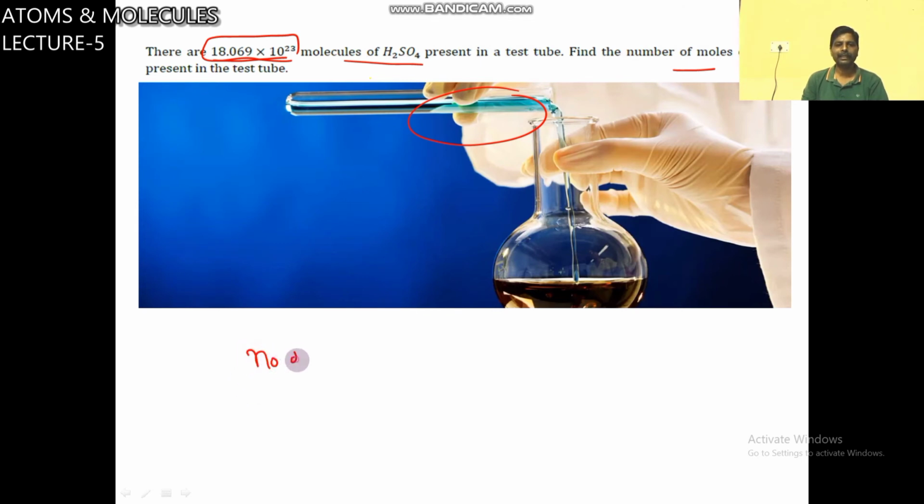Here they asked for the number of moles, so n is the question mark. The number of molecules is given: 18.069 into 10 to the power of 23.